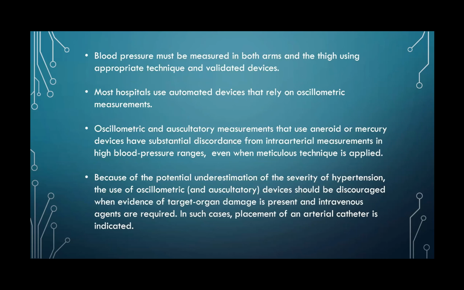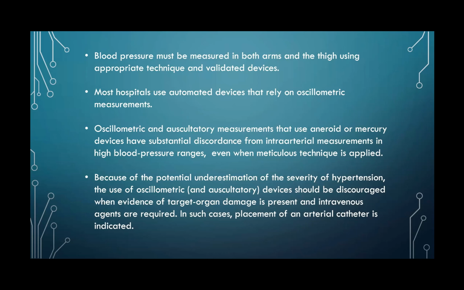In terms of measurement of blood pressure, what we most commonly use in the hospital, the automated devices, rely on an oscillometric measurement. There's also the auscultatory technique, where we listen to the sounds with our stethoscope as we measure the blood pressure. What we use here in patients is the oscillometric method.